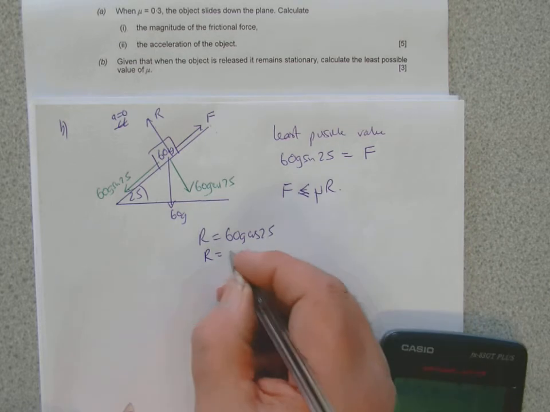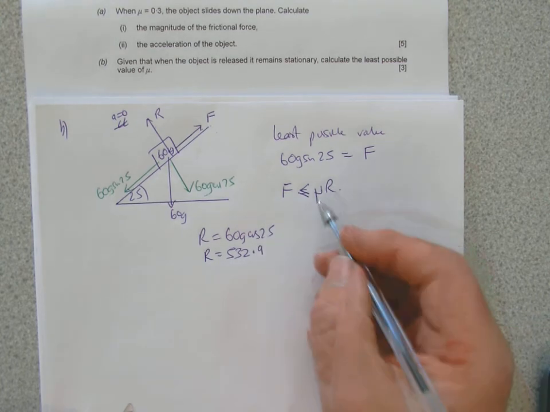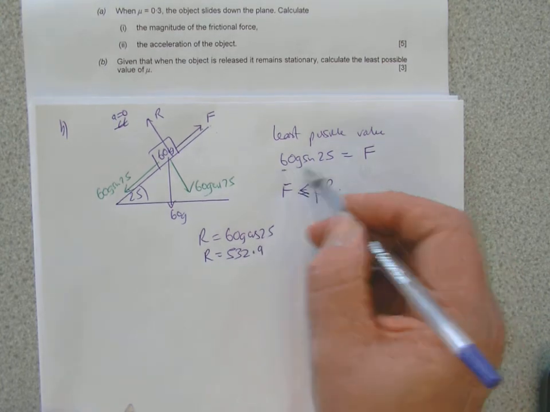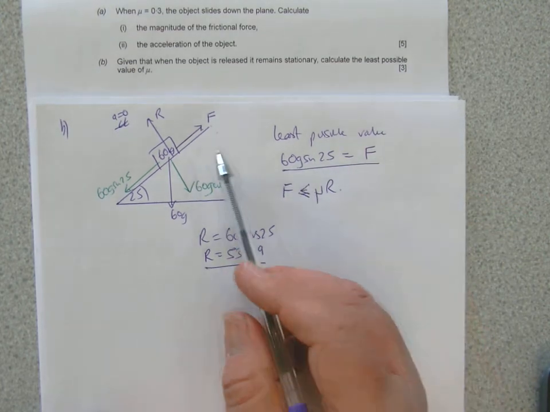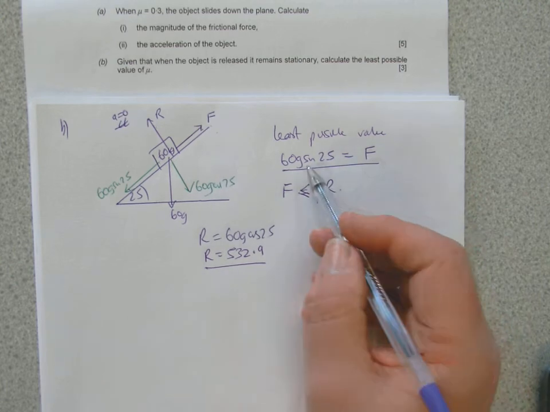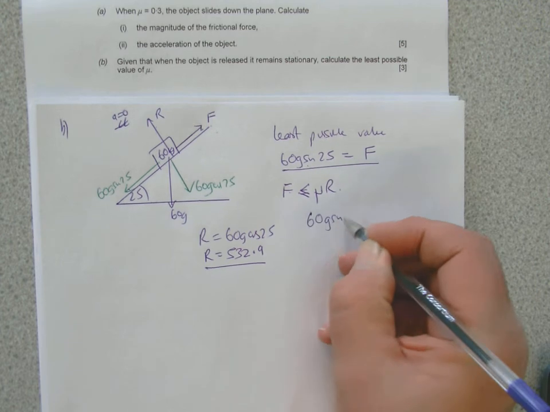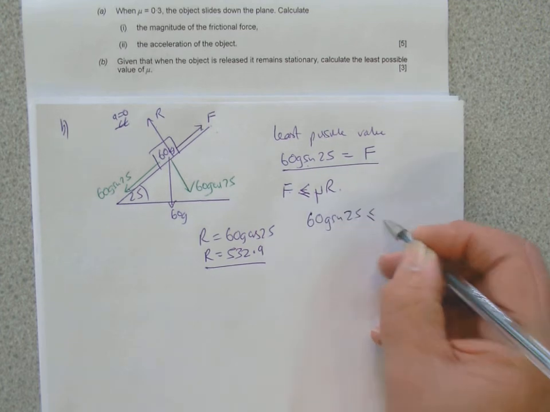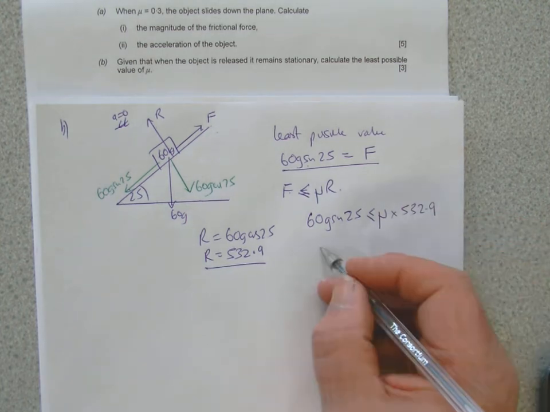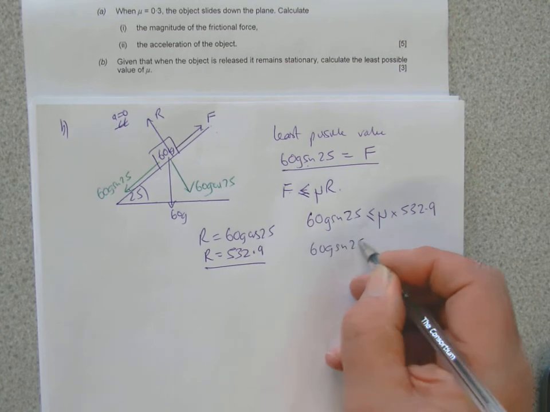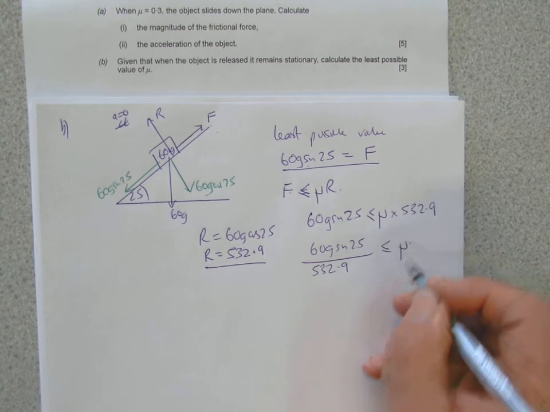It's 532.9. Okay, so there's the frictional force, there's the reaction, and what I now know is that F is less than or equal to mu R, so 60g sin 25 is less than or equal to mu times 532.9. So 60g sin 25 over 532.9 is less than or equal to mu.